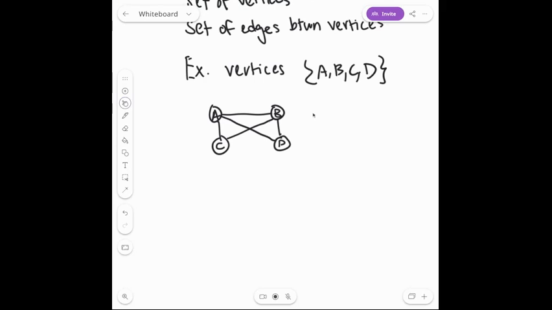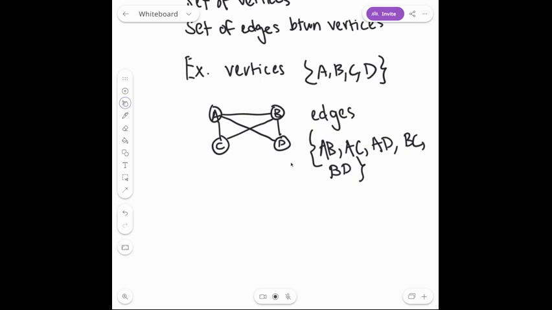So then the edges would be AB, AC, AD, 1, 2, 3, BC, BD, and that's it. Like that.